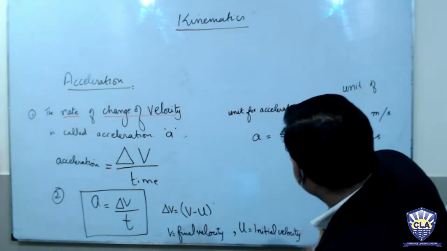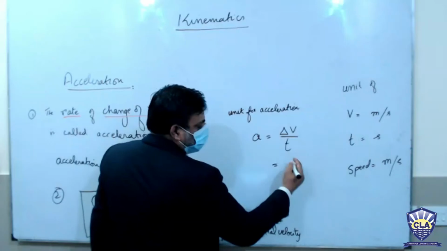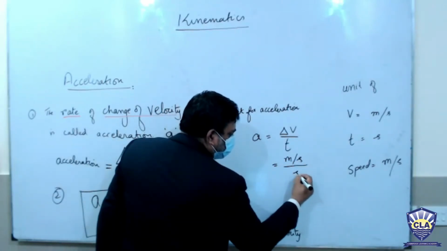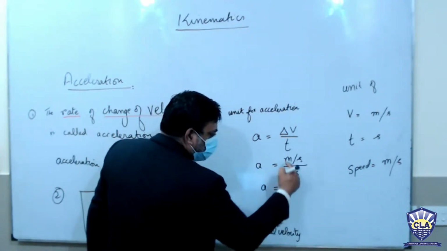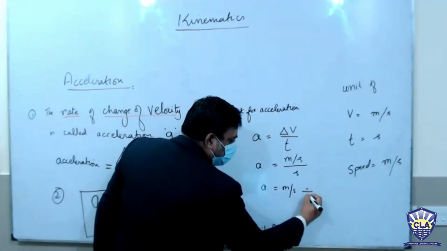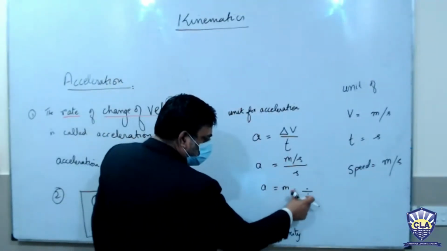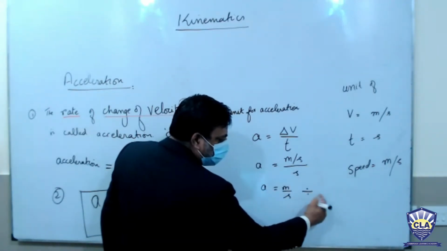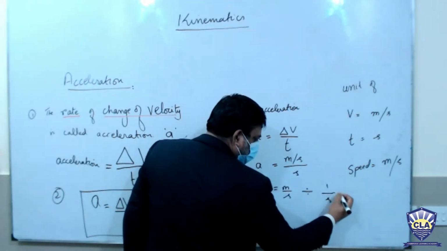So instead, let's write the units in this relationship. We'll get meters per second over seconds. Now this is a double division. So acceleration will be meters per second divided by seconds. I'm just making it simple so that you can understand. Meters per second means meters over seconds, divided by seconds.